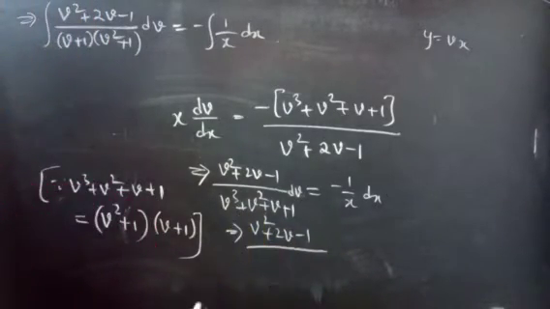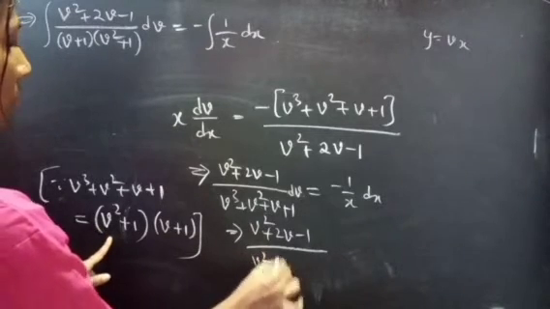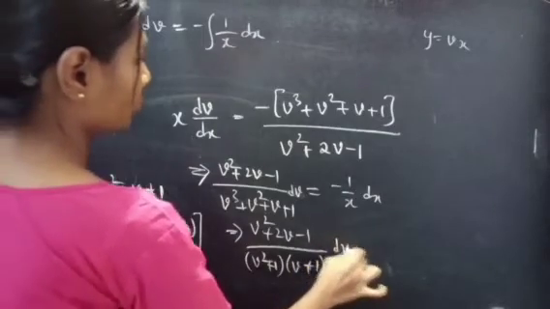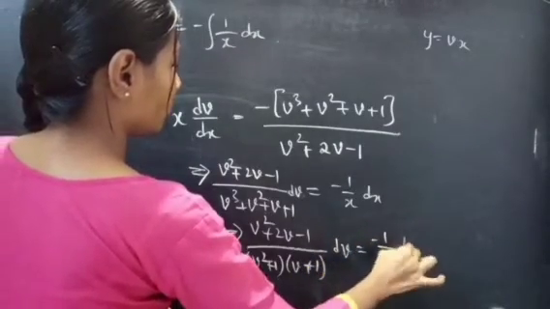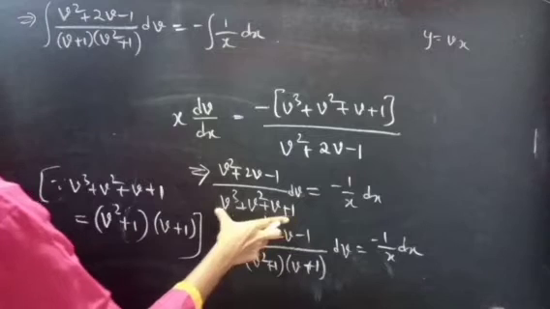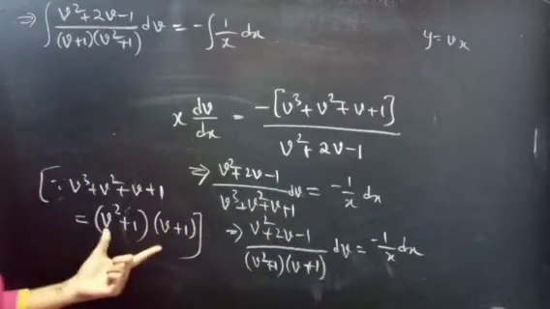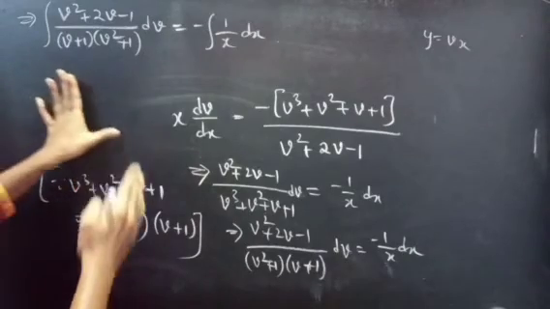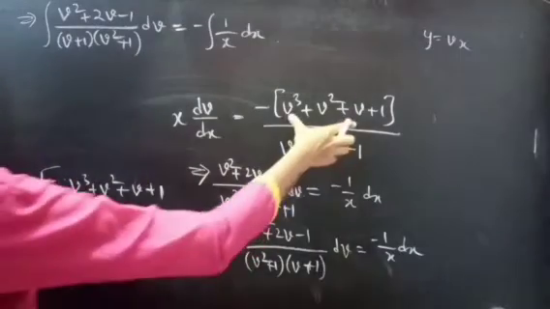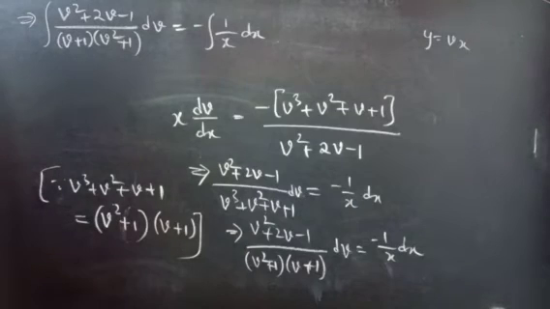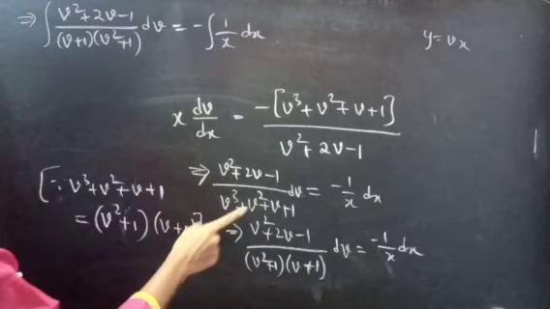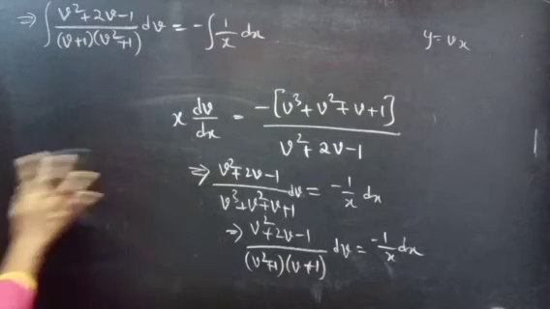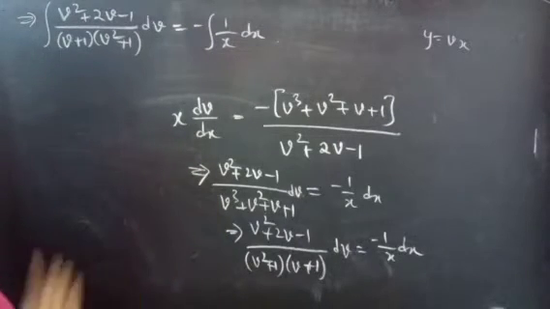Now also you can replace v square plus 1 into v plus 1, right? Here we can replace the denominator by this, okay? But in the previous steps we have replaced in the RHS itself, okay? You can prefer this otherwise. Better if you replace later like this.